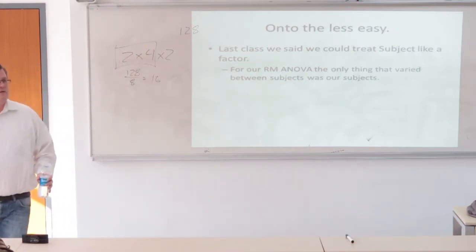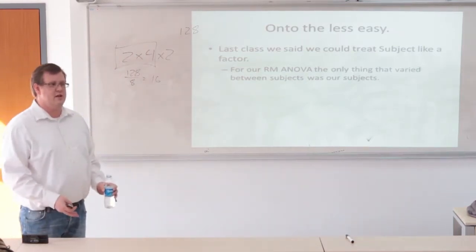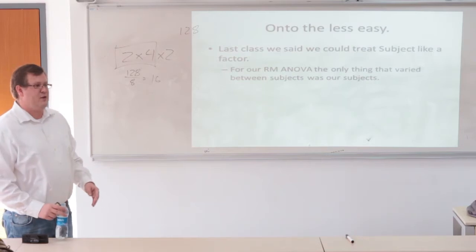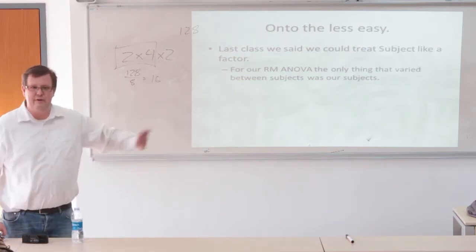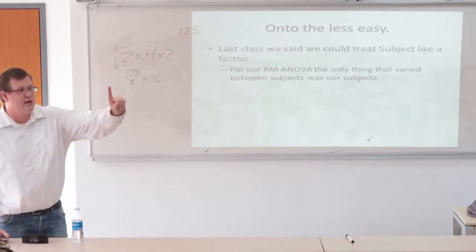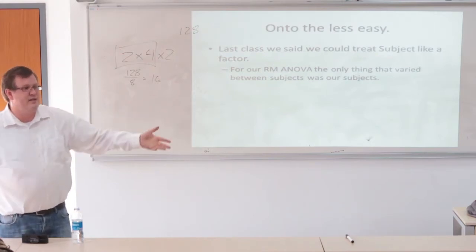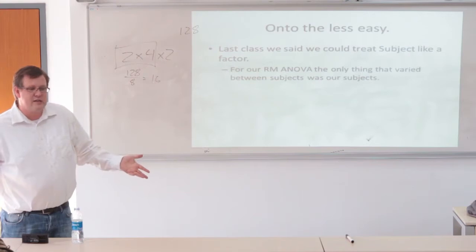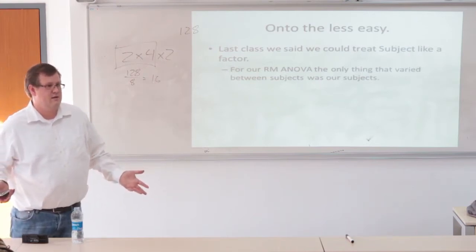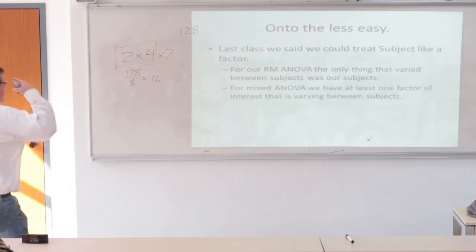Otherwise, you would have a constant. Same subject, every condition. If you did the same subject in every condition and you only use one subject, then you have nothing that varies between subjects. It's a single case study, right? All right.